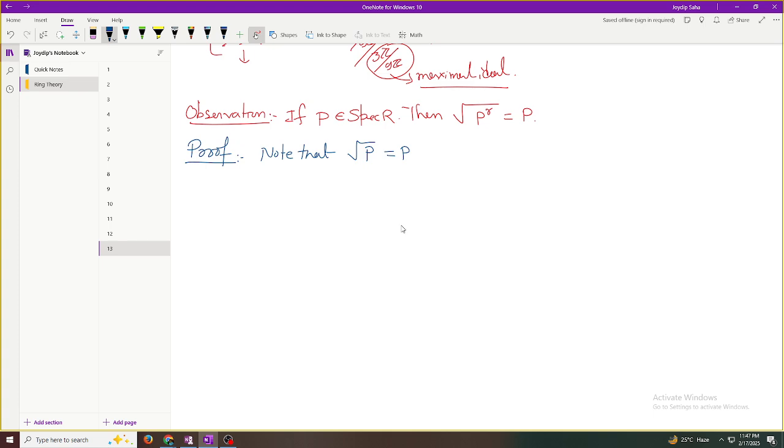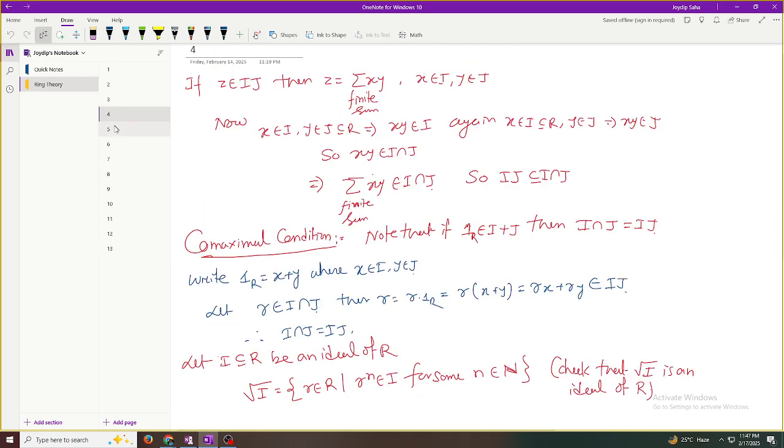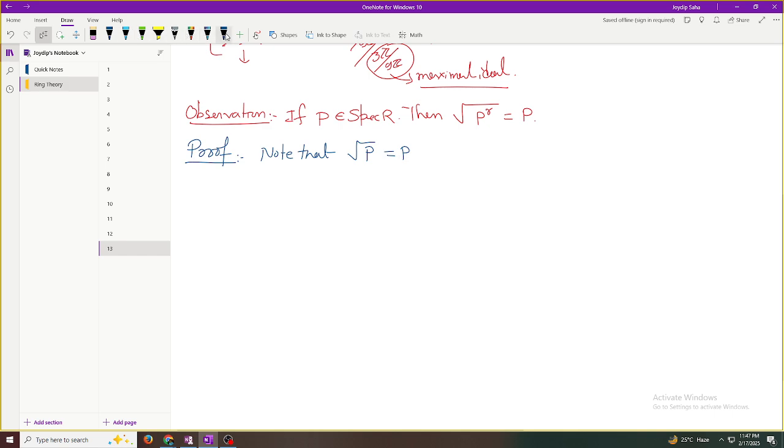It is obvious by definition that I is a subset of root I, because r to the power 1 belongs to I. If r belongs to I, then r to the power 1 belongs to I, that means r belongs to root I. Therefore, from the definition, I is a subset of root I. So here P is a subset of root P is obvious. It is true for any ideal: I is a subset of root I.